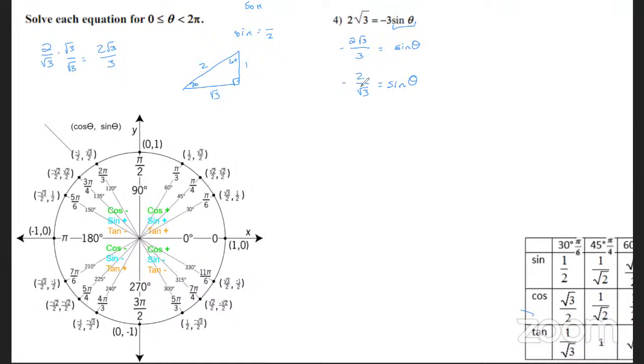Our hypotenuse we have here on the top. So you're never going to have a sine with a hypotenuse on the top. Okay, you'd have something like secant or cosine with a hypotenuse on the top. So you know that this is going to have no solution. And when you look over here at your unit circle, you also don't see anything with 2 on the top or 2 radical 3.